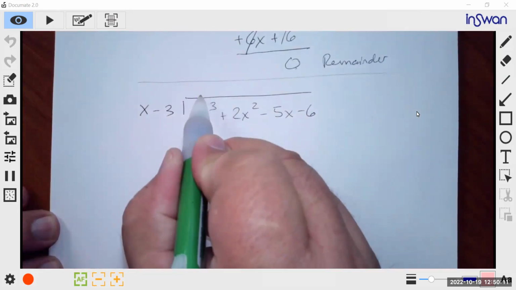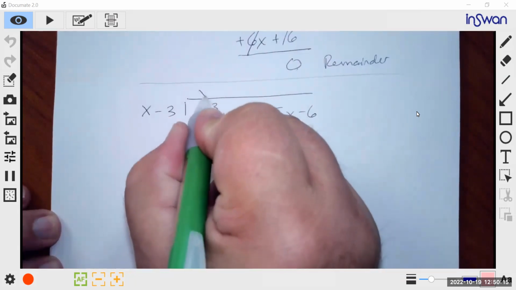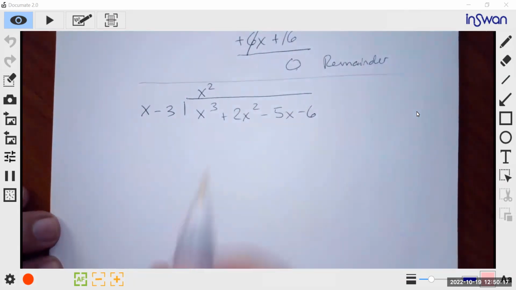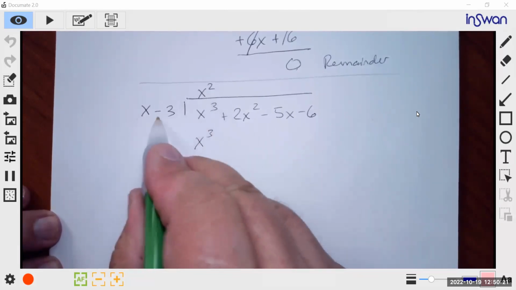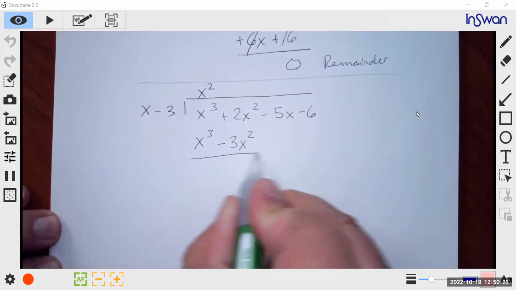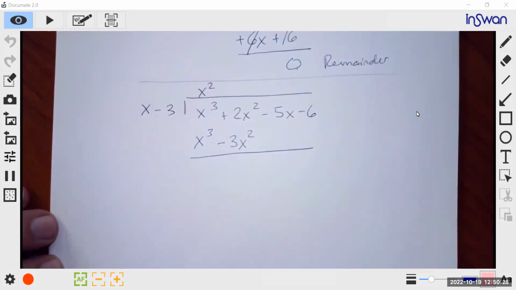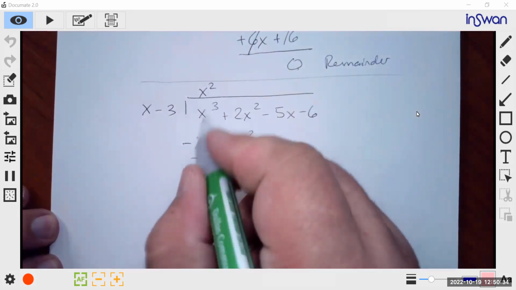What goes in the first spot? What times x gives me x cubed? X squared. X squared times x is x cubed. X squared times negative 3 is negative 3x squared. Change the signs and add, because these two cancel.